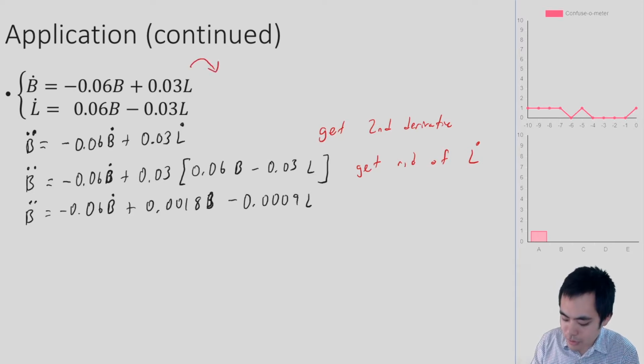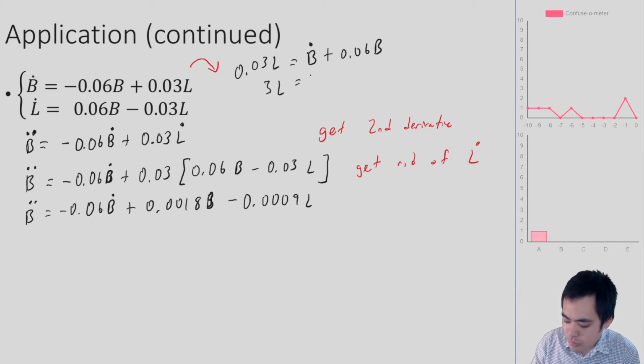So you'll notice that if you rewrite this, this is precisely 0.03 L is equal to b dot plus 0.06 b. And so let's multiply by 100. 3L is equal to 100 b dot plus 6b.